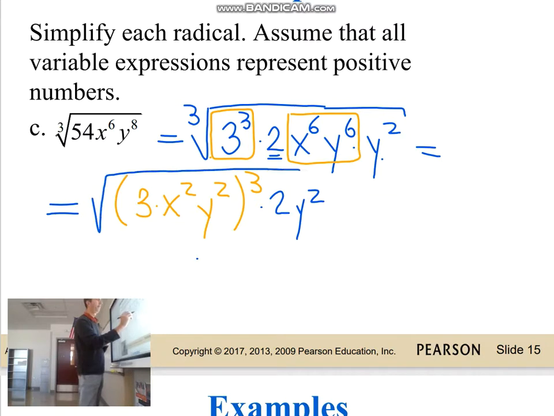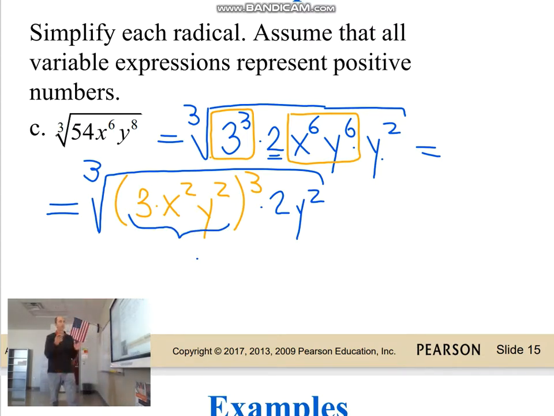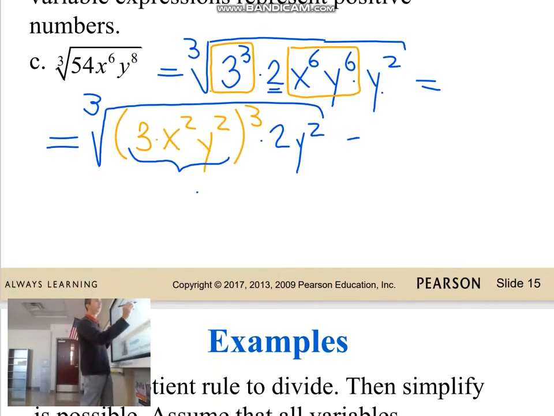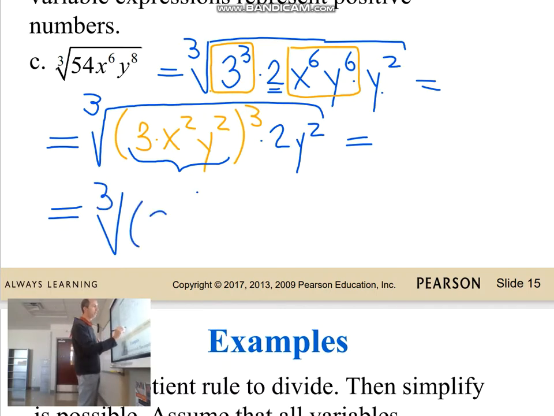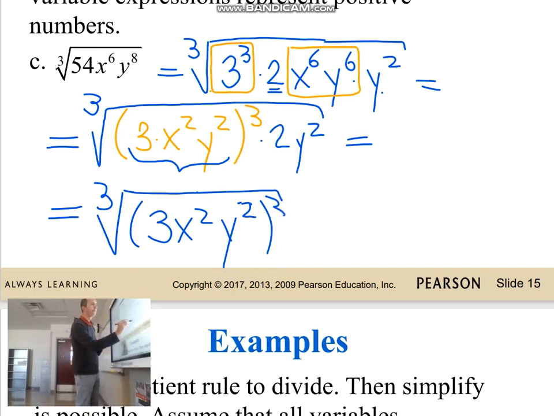Cubed. And we can remove this using the product rule. I'm showing all the steps so we understand what we're working on, but when you get some practice, you can skip a few steps as long as you understand and are confident in what you're doing, times cube root of 2y squared, right?